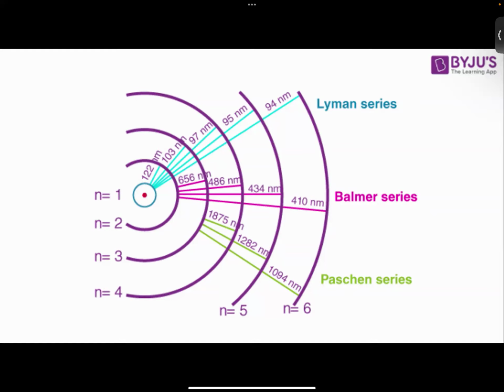The other series I show here is the Paschen series. In the Paschen series, the electron relaxes to n equals 3. If you see infrared, that means you're dealing with the Paschen series. So again, Lyman series, ultraviolet radiation, it falls to n equals 1.